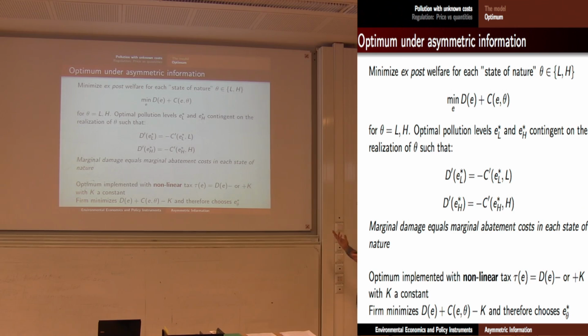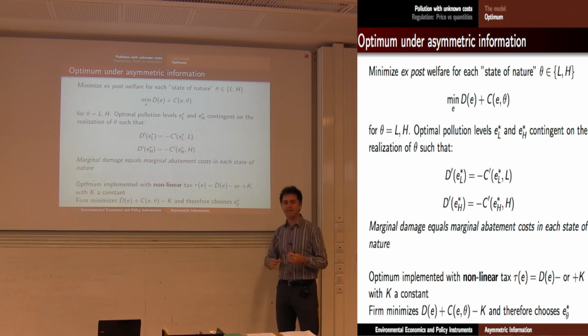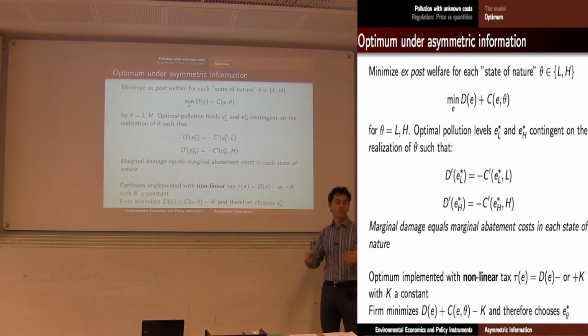Something people sometimes don't realize is that you can implement the first best here. The reason why you cannot usually implement the first best is that you are limited to some instruments. You are constrained to get some flat tax, for instance, or only one cap on emissions.